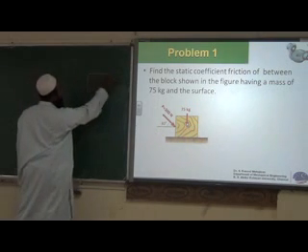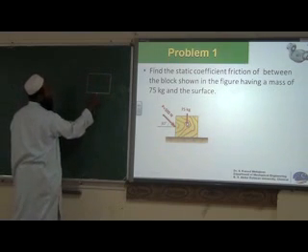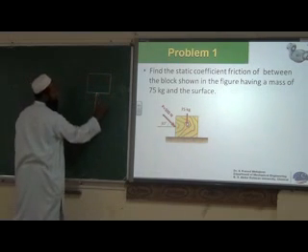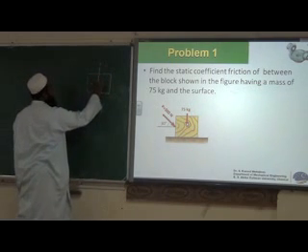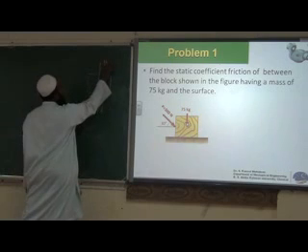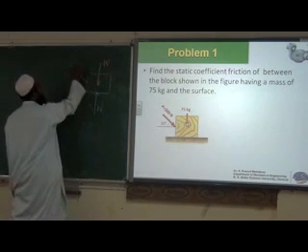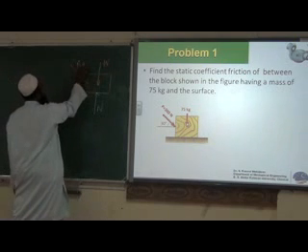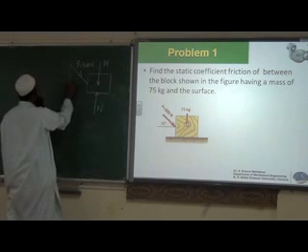So we have the block. If you consider the free body diagram of the block, there is the normal force, then W, then this P, 300 Newton. We resolve it into two components. This theta is given as 30 degrees.